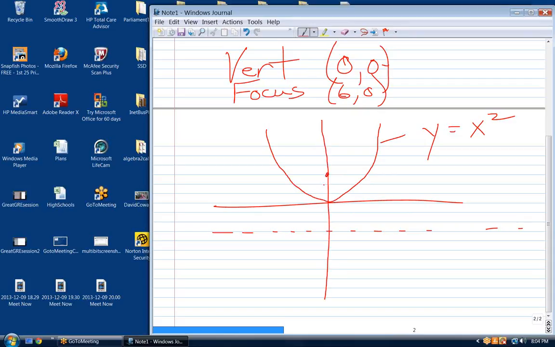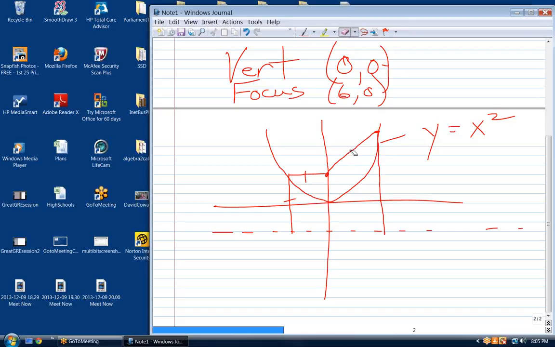There is a point somewhere inside that parabola such that every point on the parabola is equidistant from that point and the directrix. In other words, that line is equal to the length of that line. I didn't draw my directrix quite right here, but we're close. If I put a point up here, that distance is the same as that distance. So that becomes kind of the new definition for a parabola.